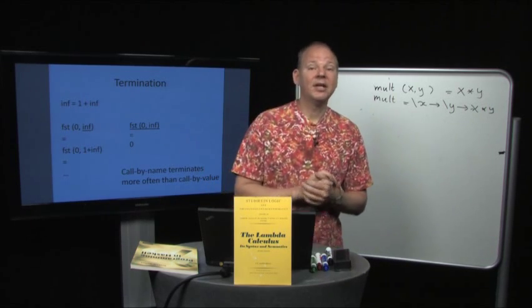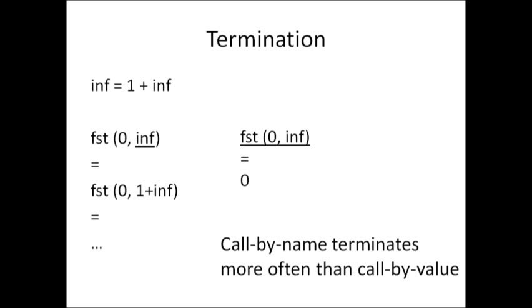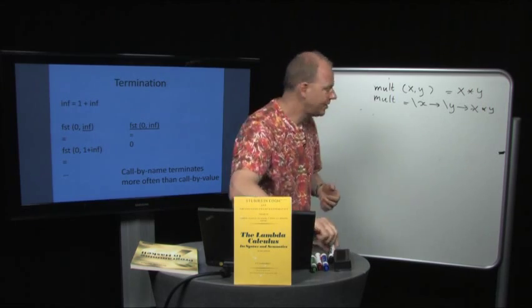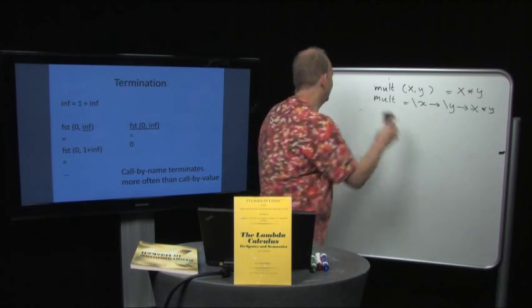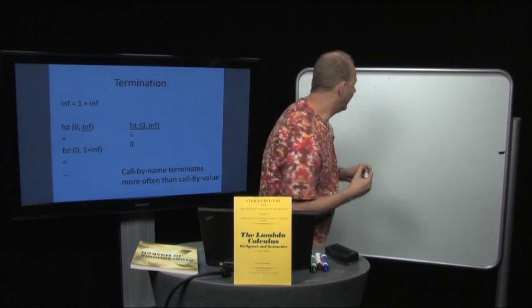Now let's look at the differences in behavior between these two forms of evaluation, call by value and call by name. And let's in particular look at the differences between these two with respect to termination. And for that, we're defining this crazy function here, a crazy function that creates an infinite number.